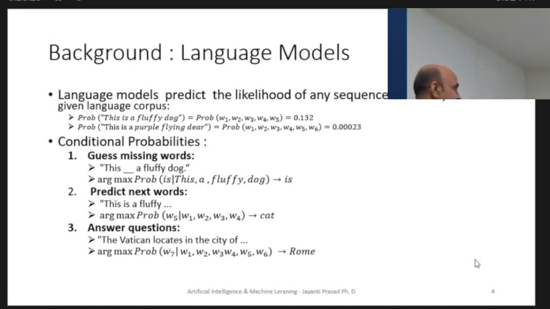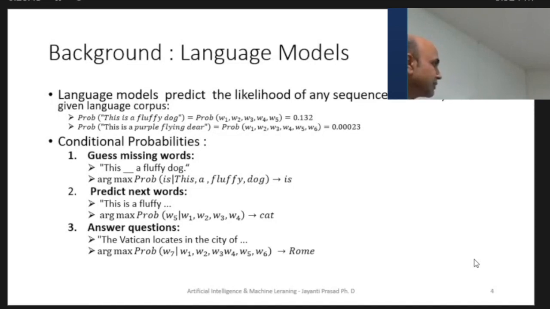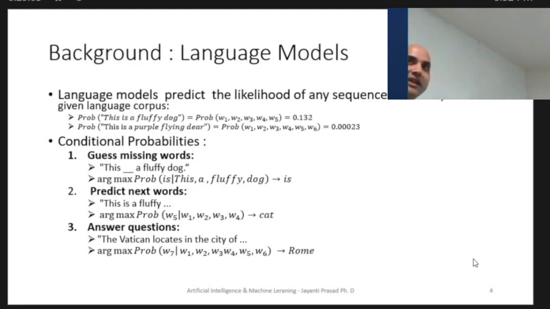Now, conditional: guess missing words. These language models can be trained in many different ways. I give you three examples. You have a huge corpus of data, and you guess missing words. For example, "this dash a fluffy dog". You find the probability of all the words in your vocabulary coming at that blank place, and out of them you find the word whose probability is highest, and then you predict that word.